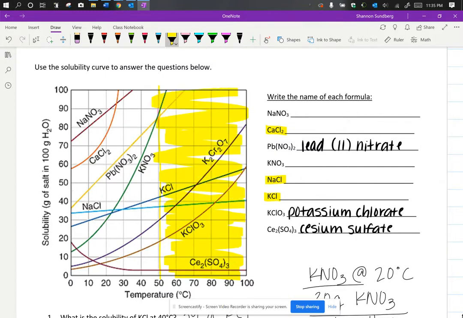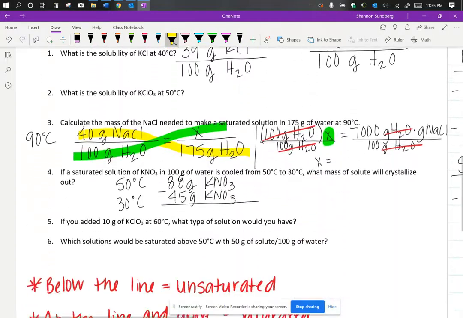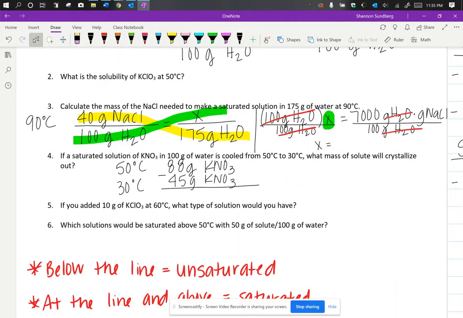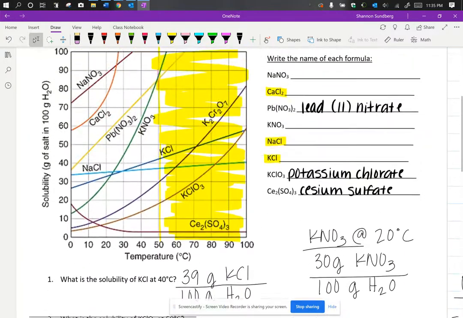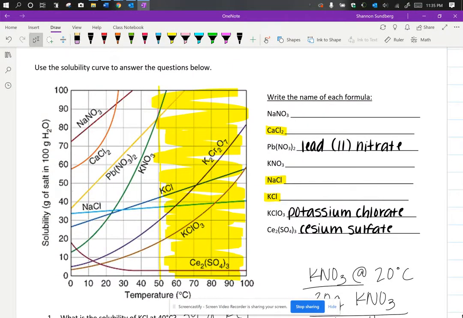Okay, so it's that portion of the chart, but then it's asking 50 grams of solute. Okay, so 50 grams of solute. So that would be this much right here. So 50 grams of solute. What it's asking you is which of these would be saturated.